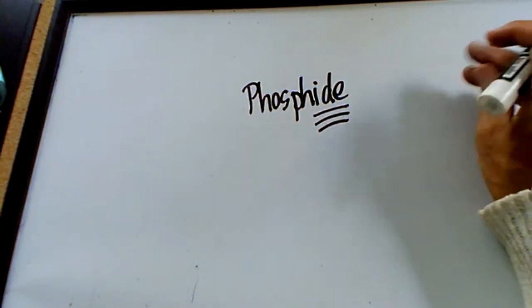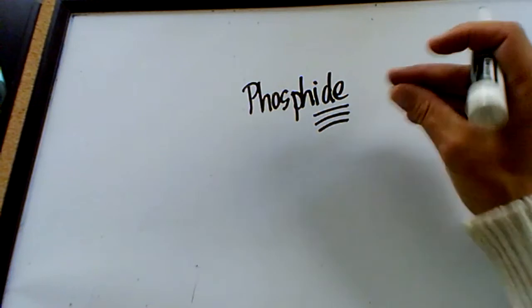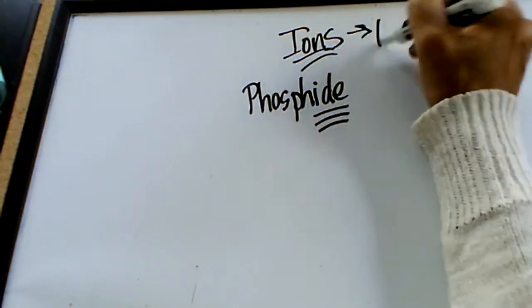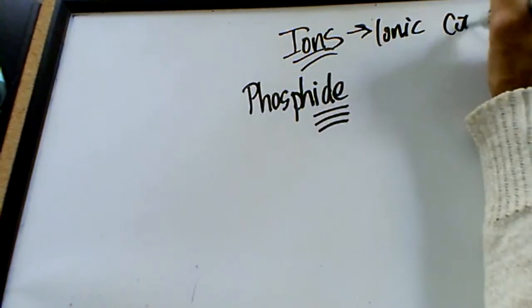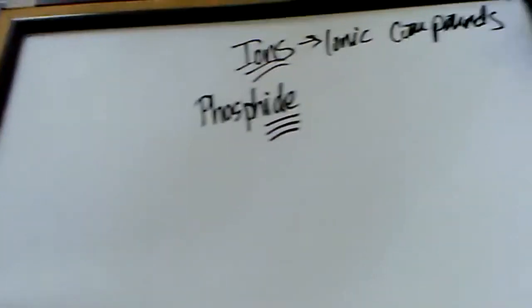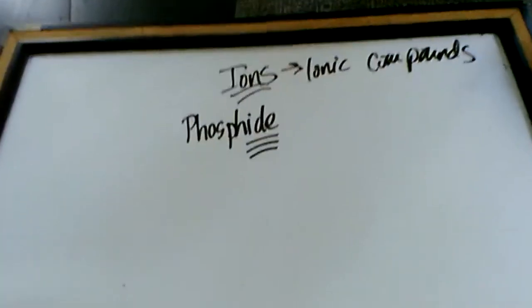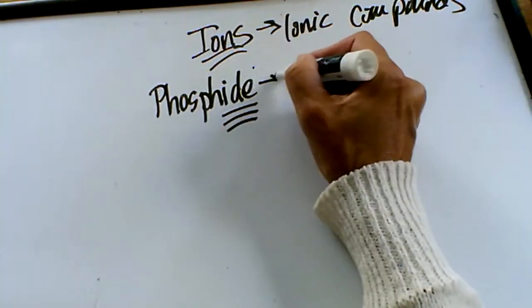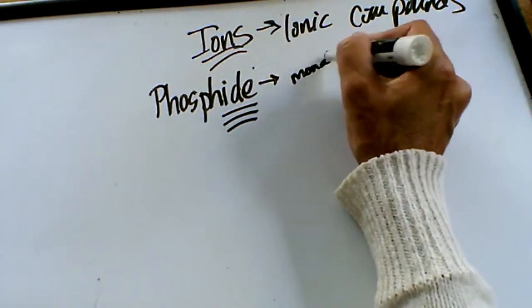Remember, I'm only talking about ions here, and this pertains to ionic compounds. We're talking about when these guys are ions. So I see ide and I think, okay, monatomic.